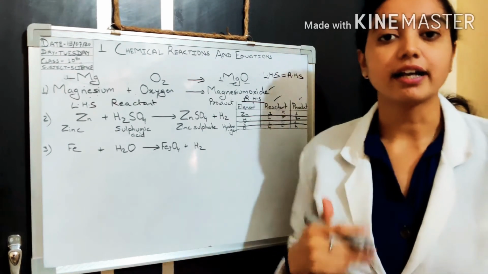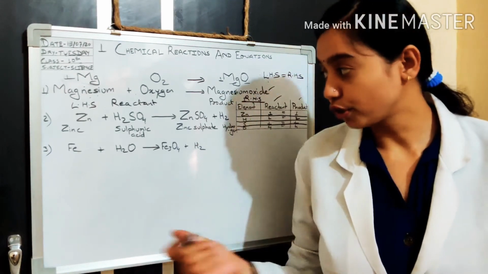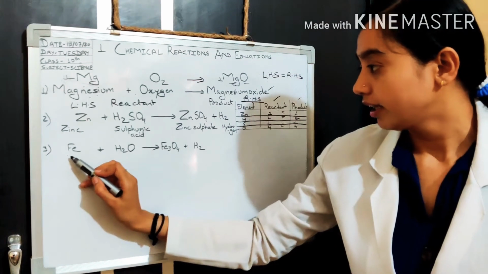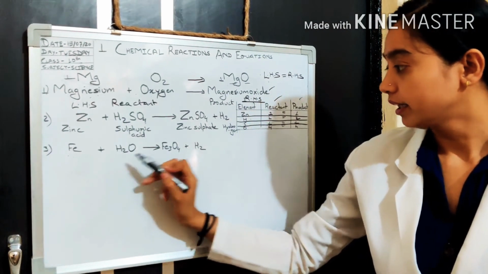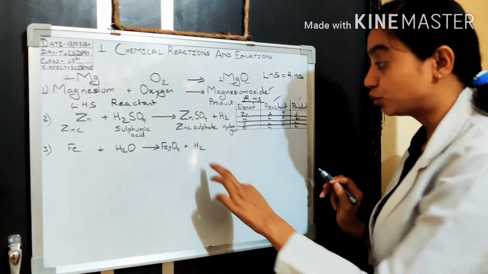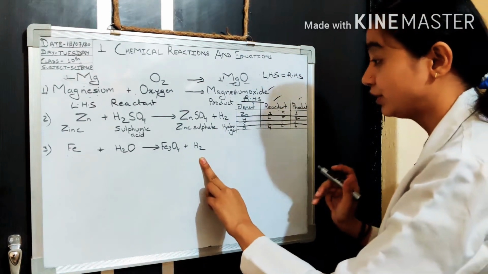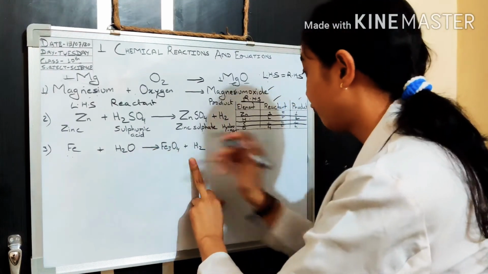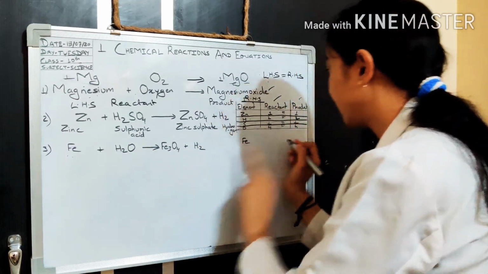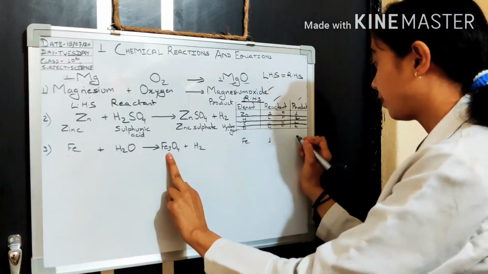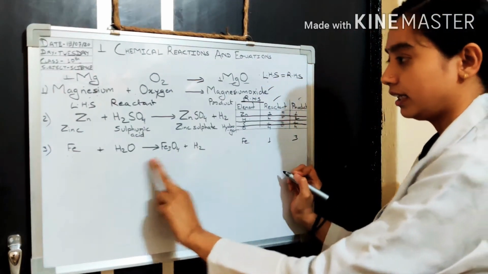You can also check other reactions to see whether they are balanced or not. For example, take this reaction where iron is reacting with water and forming iron oxide plus H2. Please check whether this reaction is balanced or not. Fe as a reactant has 1 and in the product it is 3.